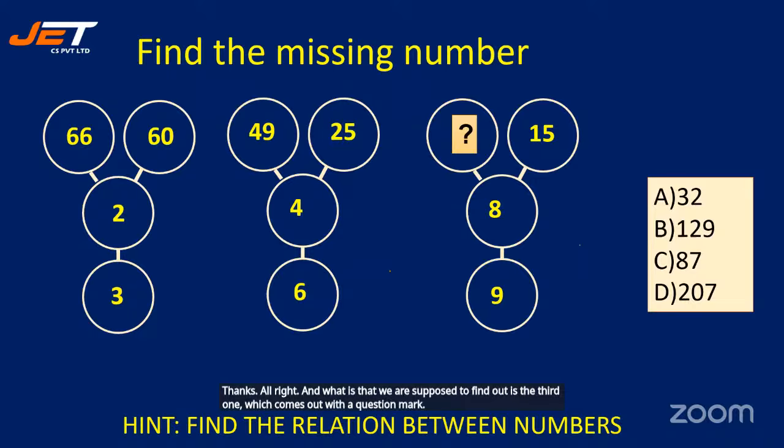And we have 15, below that, 8, 9. Now you have to find the relation between the numbers. All right. So the options are A 32, B 129, C 87, and D is 207.